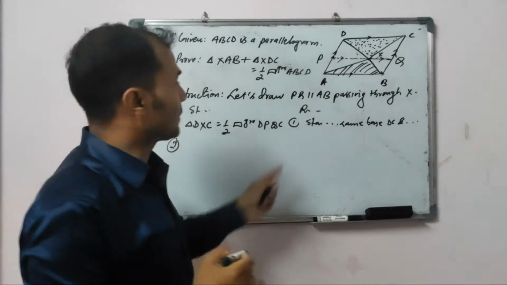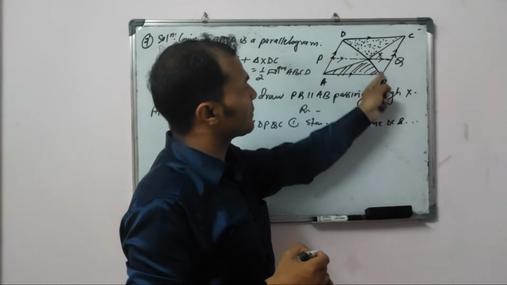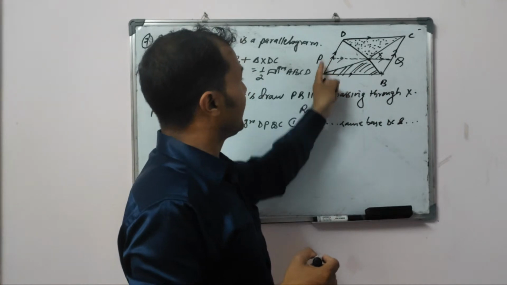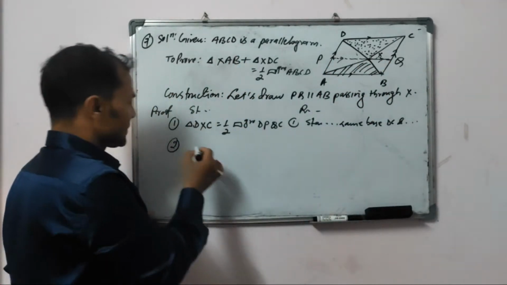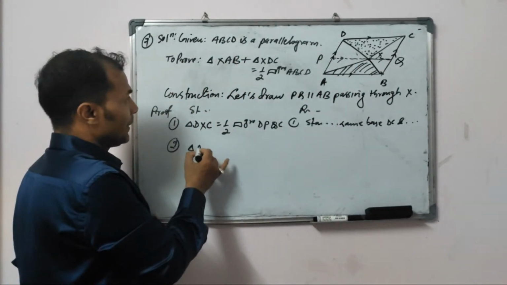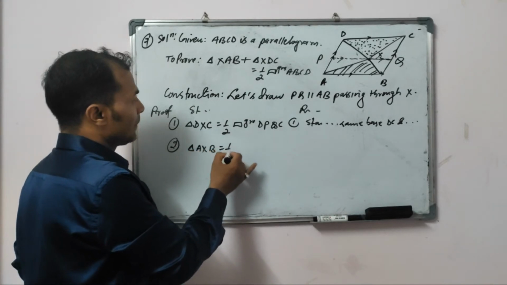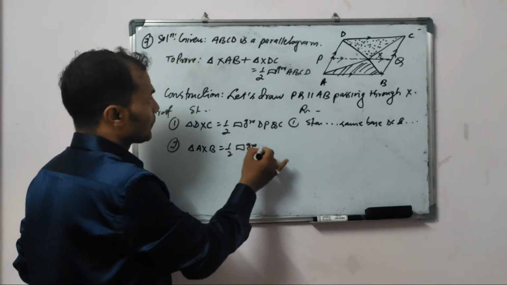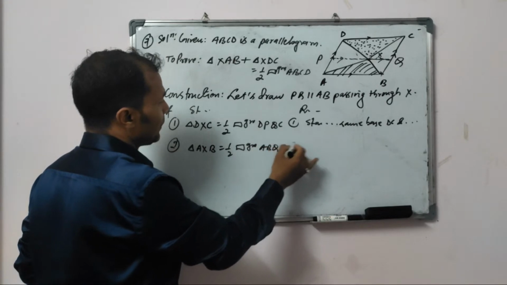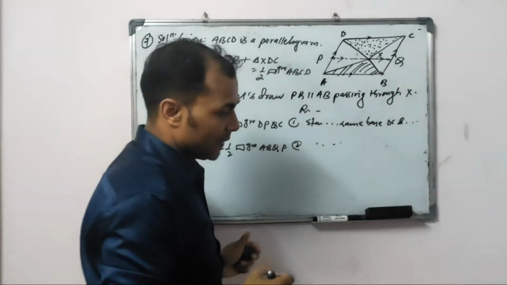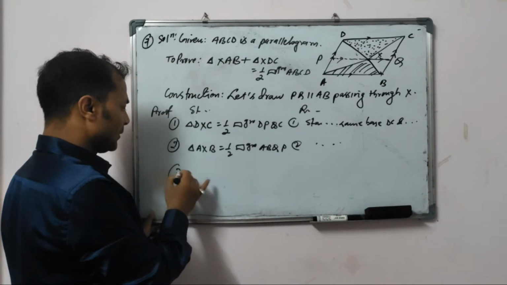Number 2. Similarly, AXB will also be half of PABQ. Right? Same concept. Triangle AXB is half of parallelogram ABQP, standing on the same base. Just add them up. Number 3.